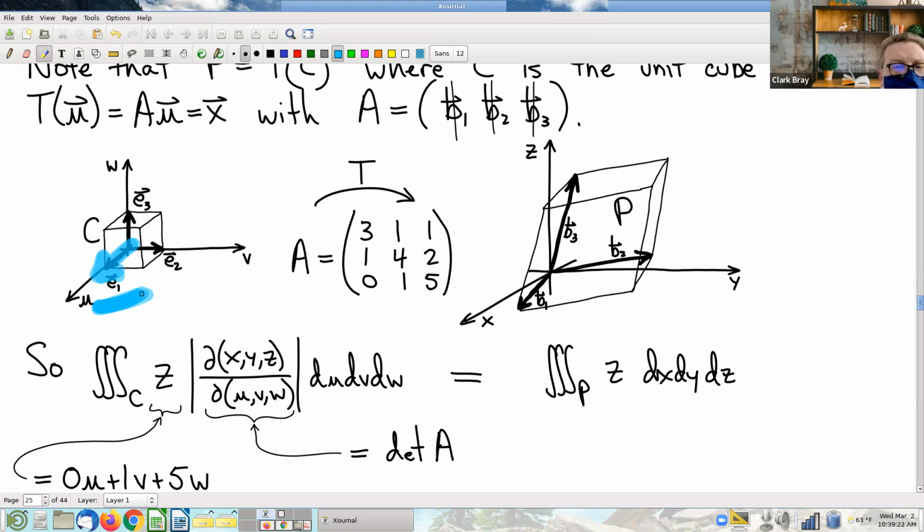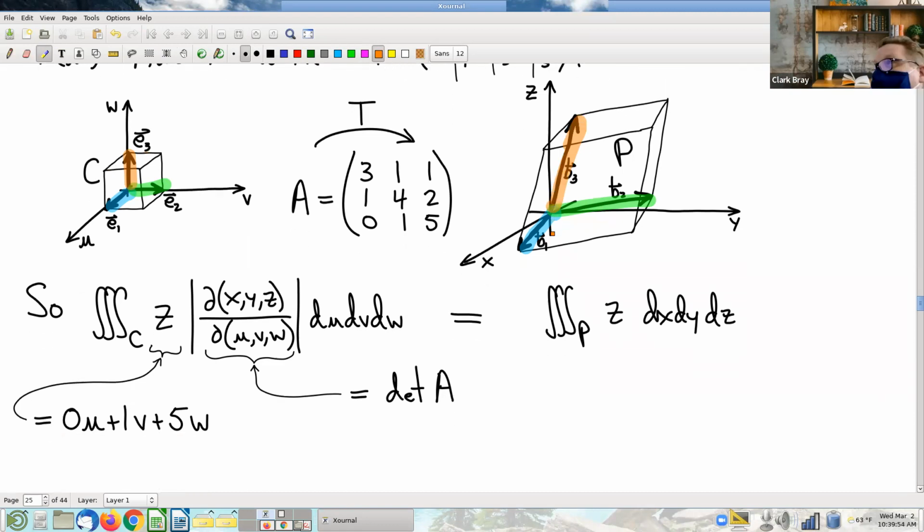It's the corresponding column of the matrix, which by design, by construction, is what it's supposed to be. So this just does what I want it to do. That edge goes to this edge, and that edge goes to that edge, and this edge goes to that edge, and by linearity, everything else is going to go where we want it to go. So the unit cube's image is my parallelepiped.